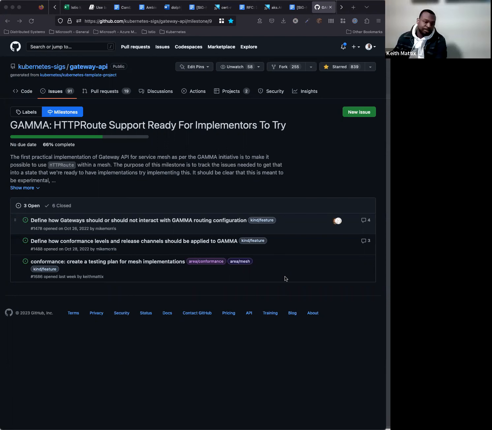Fair point, yeah. Okay, and so now the question comes: is this a separate GEP, or is this a modification to the conformance testing plan GEP that Rob mentioned for the original Gateway API?